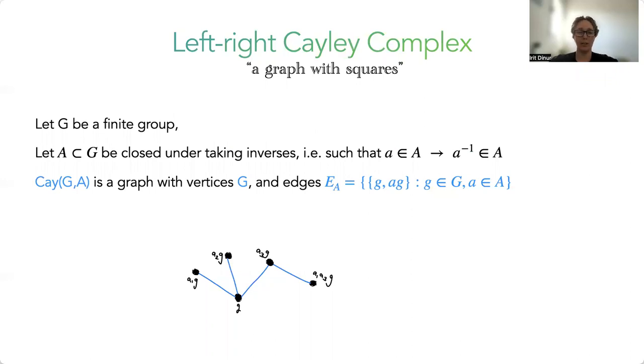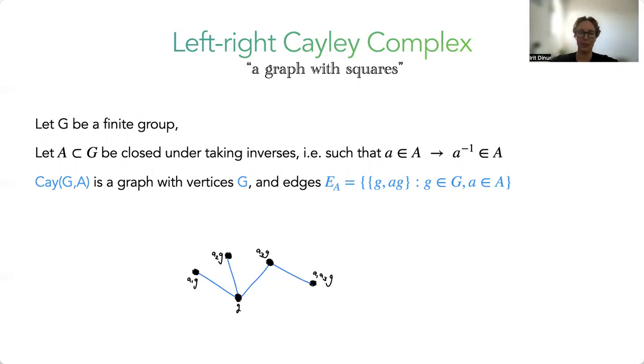And the Cayley graph of G with respect to generator set A is the graph that has a vertex for every element in G, and the edges are for all the generators. So you connect g to ag for every generator a. And this graph is undirected because if g goes to ag, then ag goes to a inverse times ag, which is g.